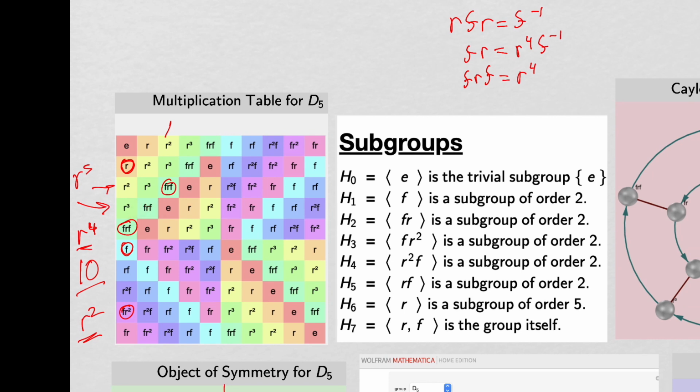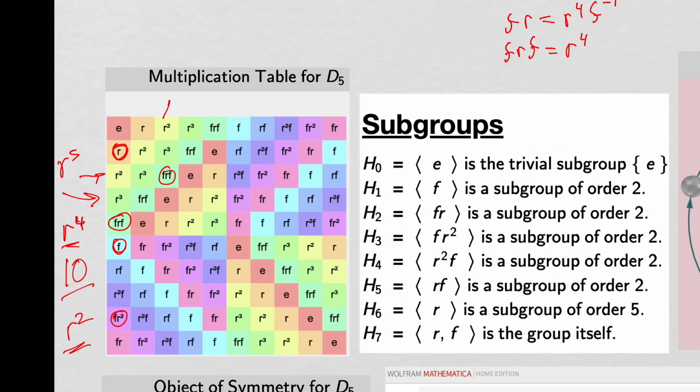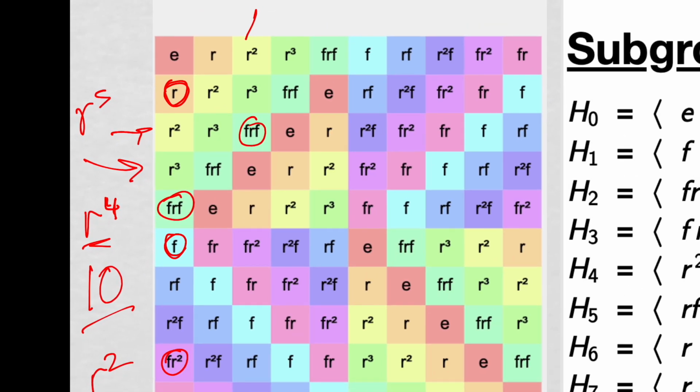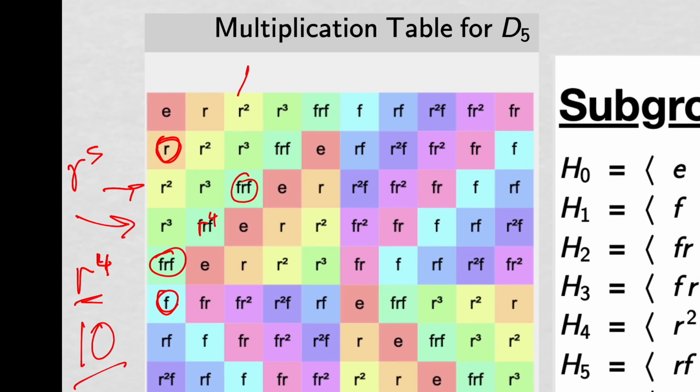Now, it doesn't explain why you would do it, right? It's not clear to me why on the table they didn't just put r to the fourth, which would be nice because there is a cyclic subgroup here, a relatively obvious one, r squared, r to the third, and the cyclic subgroup contains r to the fourth.